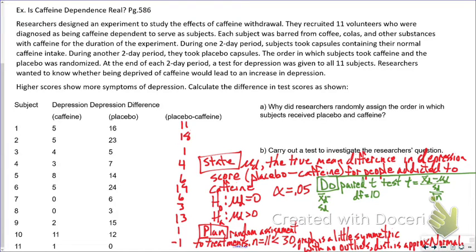So my mean difference was 7.3636. My standard deviation was 6.9177.